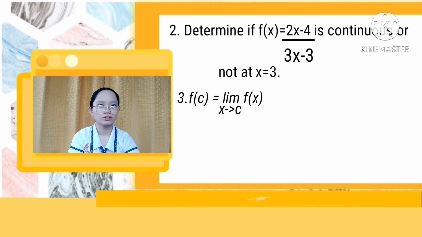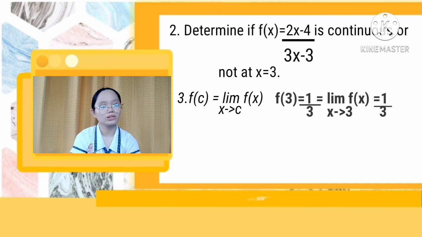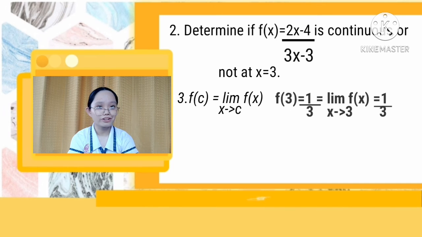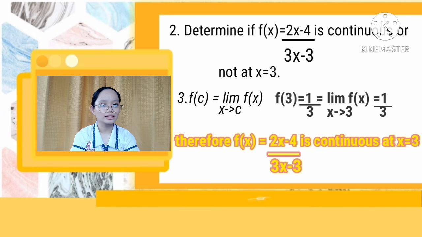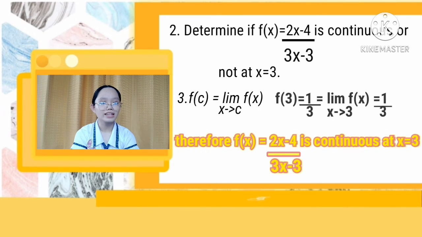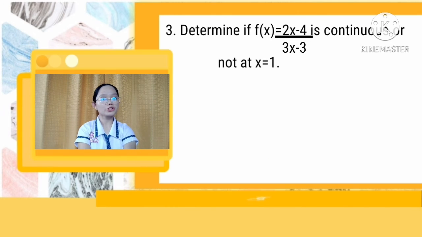Third condition, f of c must be equal to the limit of f of x as x approaches c. F of 3 is equal to 1/3, and the limit of f of x as x approaches 3 is 1/3 too. Therefore, f of x equal to 2x minus 4 over 3x minus 3 is continuous at x equal to 3.